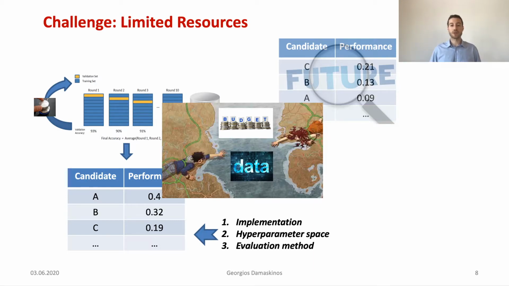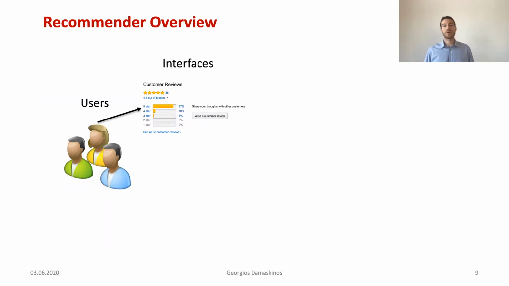Before starting with the solution we propose, I will describe how a recommender system works at a high level, so that we are all on the same page. First, we have some users that create the data. This data can be fed into the recommender through some interfaces, either in the form of implicit or explicit feedback. This is an example of explicit feedback where the users rate items on Amazon.